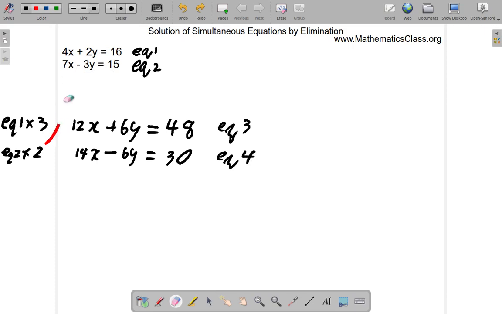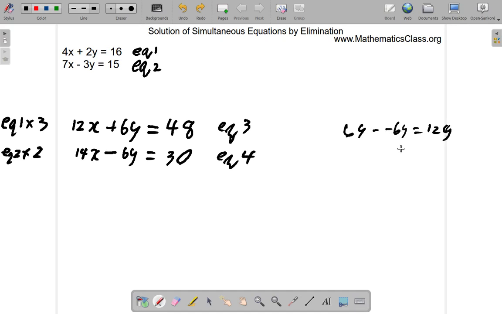Now what we want to do is eliminate the y. What do we do to eliminate this y? We cannot subtract equation 3 and 4, because that would mean 6y minus negative 6y equals 12y.